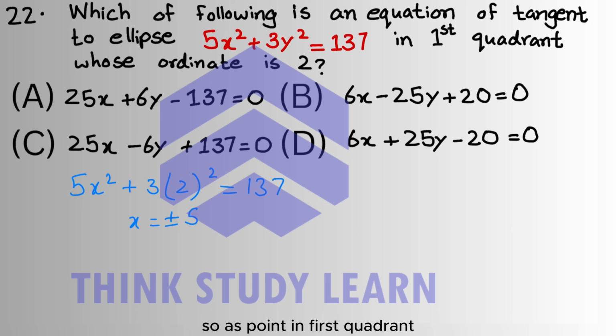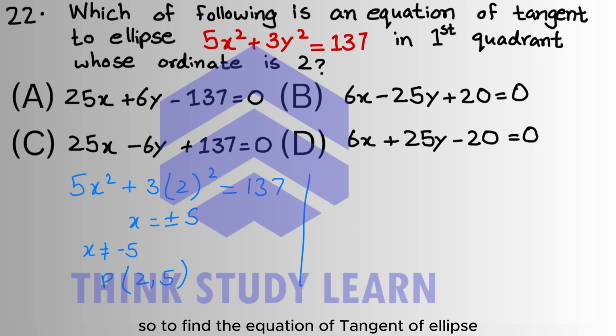As the point lies in the first quadrant, as given in the question, x will not be equal to minus 5. So we will consider only the positive value, and 2 and 5 will be the point.